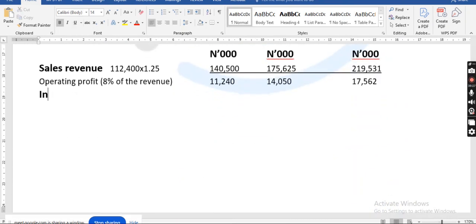So interest, increase by 1.25 on a yearly basis. What do we have? 1750. Okay, that's fine.